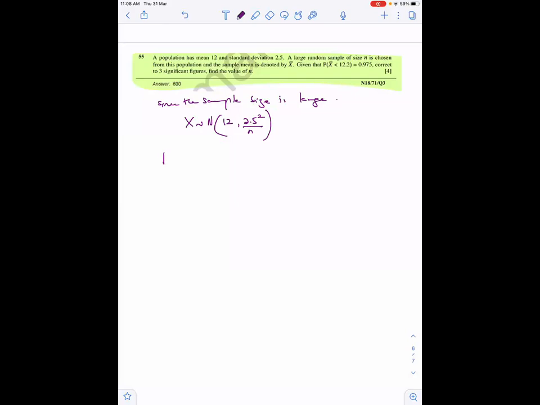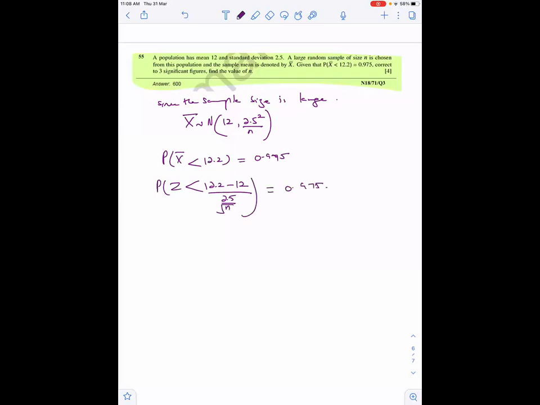Now the probability that sample mean is less than 12.2 is 0.975. We can standardize this: probability z is less than 12.2 minus 12, which is the value of mean, upon 2.5 upon root n. This is equal to 0.975.